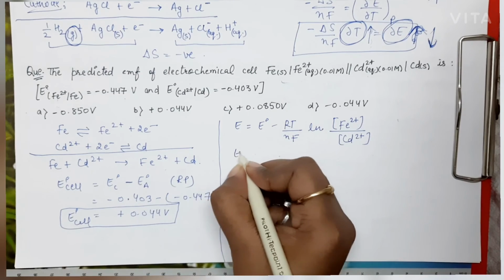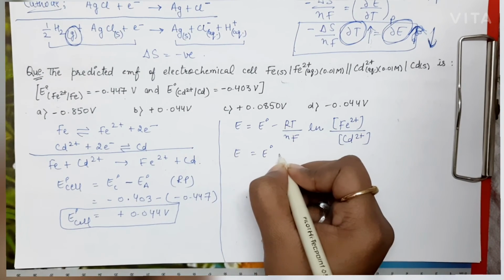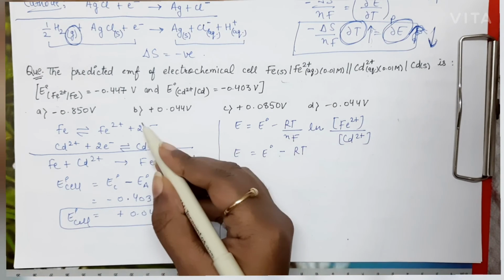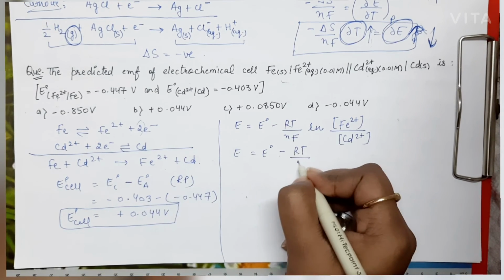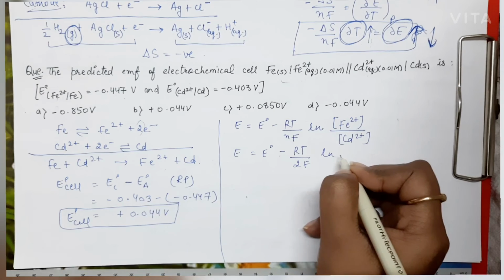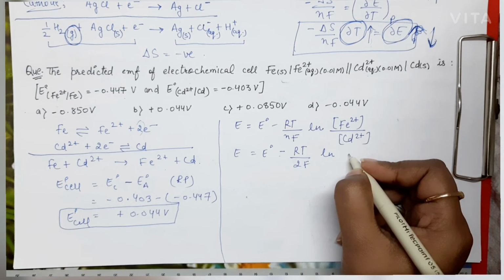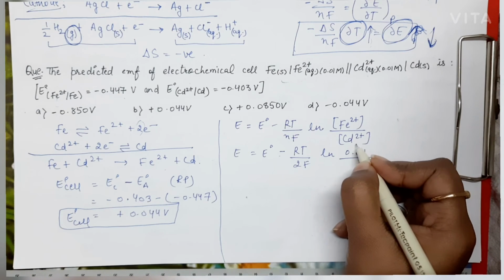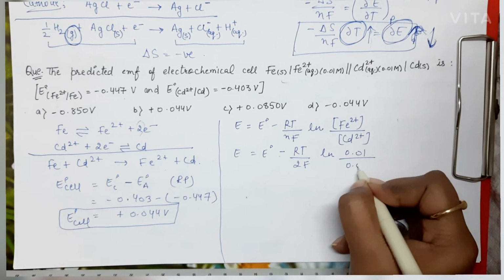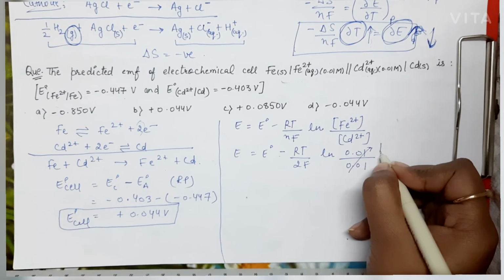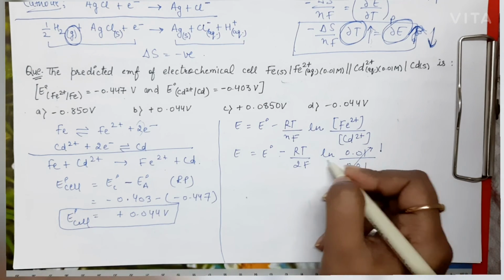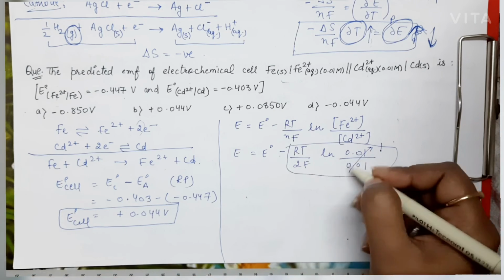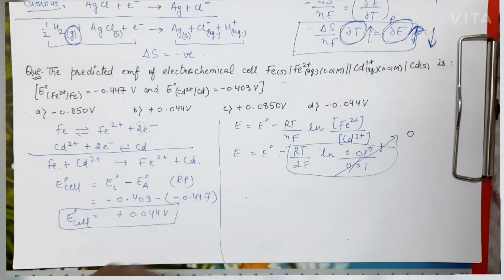So now E will be equal to E naught minus RT upon, the value of N is 2 because 2 electrons are exchanging, upon 2F, ln of concentration of Fe 2 positive is given as 0.01. Concentration of cadmium 2 positive is also 0.01. So it will be equal to 1. So log of 1 will be 0. So automatically this whole value is going to be equal to 0.